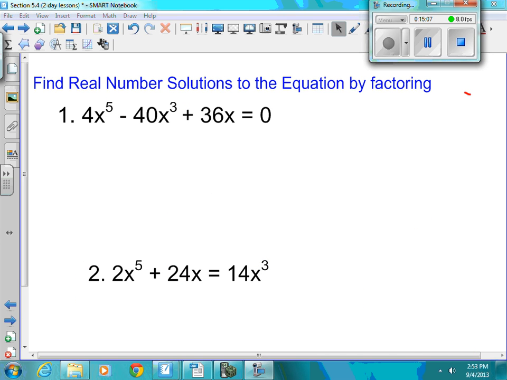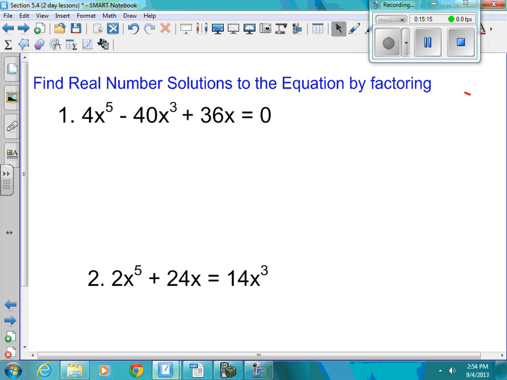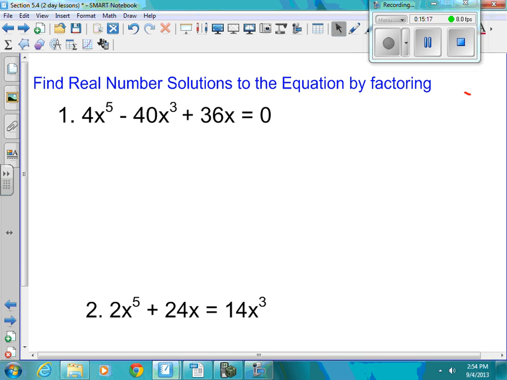Okay, so we accomplished our first two targets. And now we're looking at our third target, which is solving by factoring. So let's look at example one. Example one here, we have 4x to the fifth minus 40x to the third plus 36x. What would we do here?